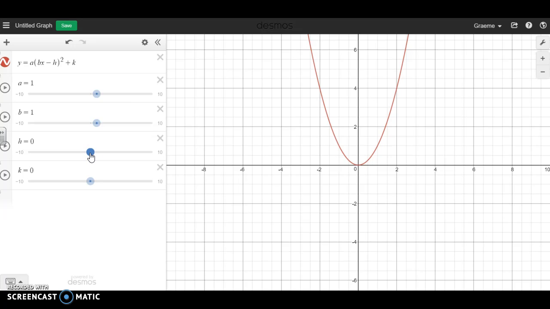So the a value, the default is 1. When you don't see a number out front, it's assumed to be the number 1. So a is 1. If a is larger than 1, this is called a vertical stretch. You'll see it gets much narrower as I get bigger than 1.